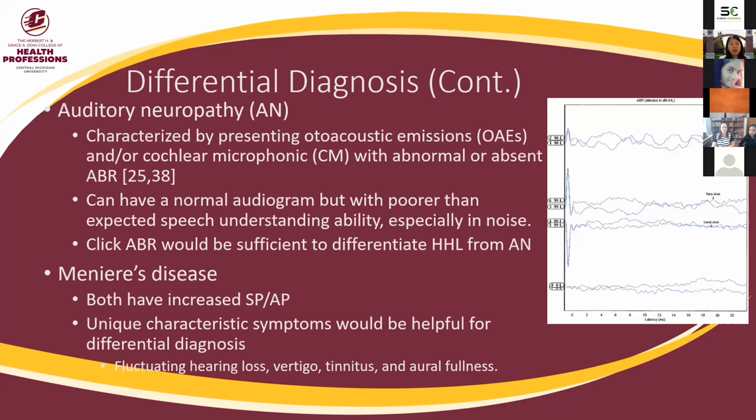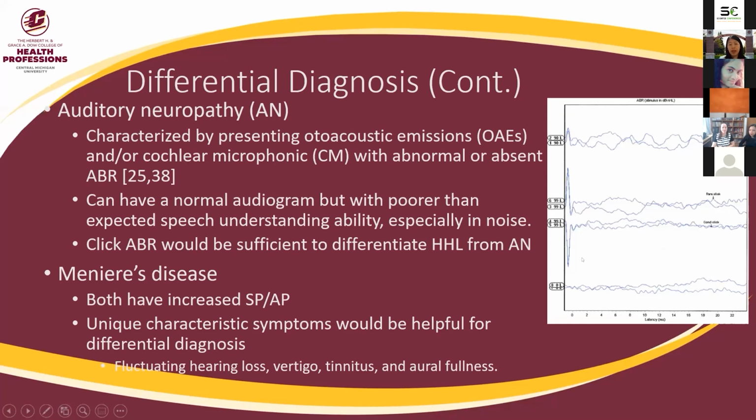Auditory neuropathy is also a peripheral hearing disorder, but the click ABR would be enough to differentiate hidden hearing loss from auditory neuropathy. Take a look here. This is from the auditory neuropathy results. We cannot see any waves here except the cochlear microphonics.